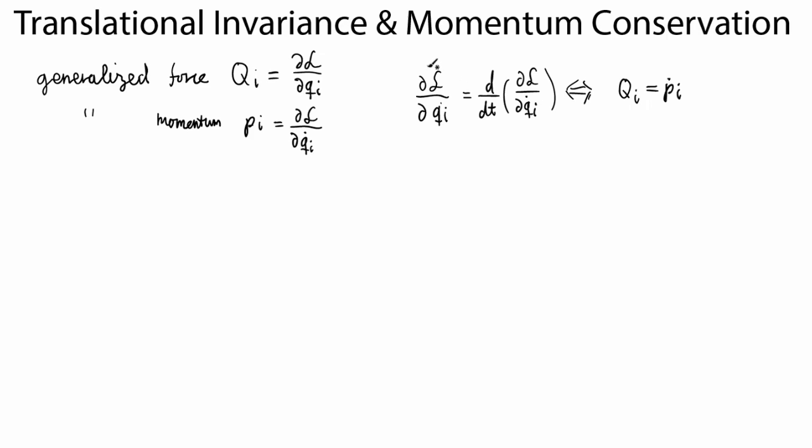But generalized force is 0 if the Lagrangian doesn't depend explicitly on the corresponding generalized coordinate, right? So if the Lagrangian is independent of q sub i, then p sub i is constant. In other words, it's conserved.